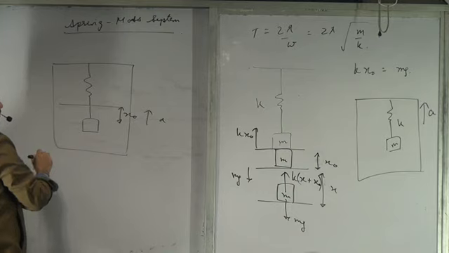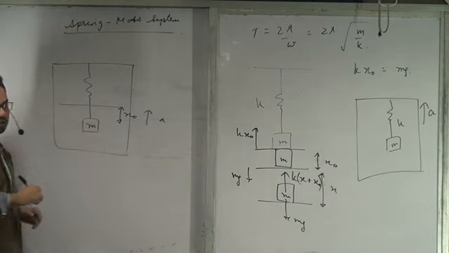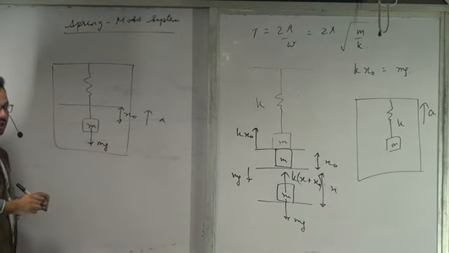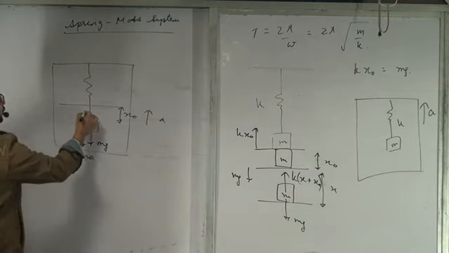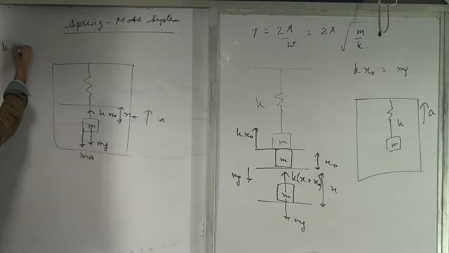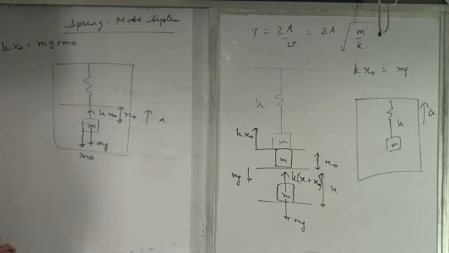The spring is elongated by a distance x naught. So what are the forces acting on the particle? Mg and the pseudo force Ma, and the force upwards is kx naught. So in the equilibrium position, kx naught should be equal to mg plus ma. Is that correct? Any problem?